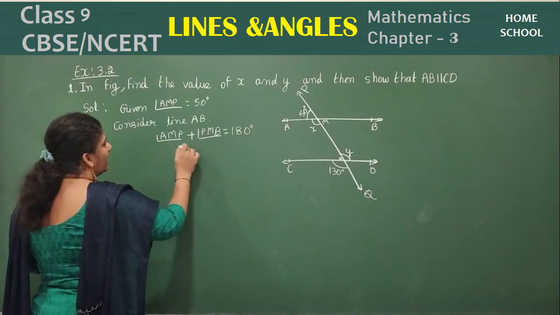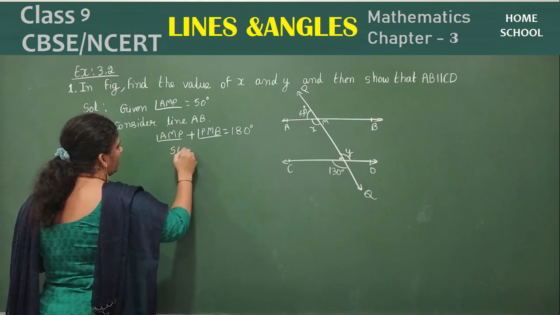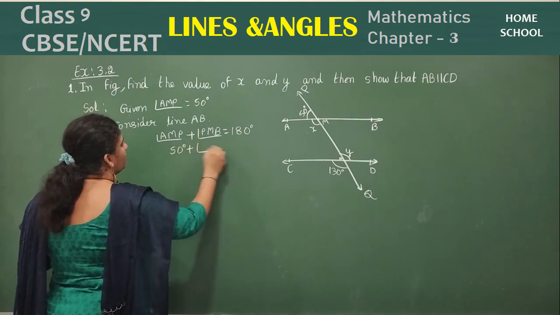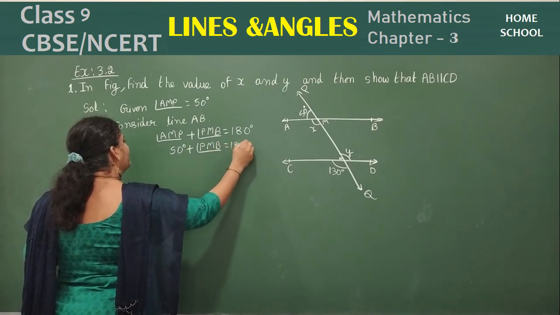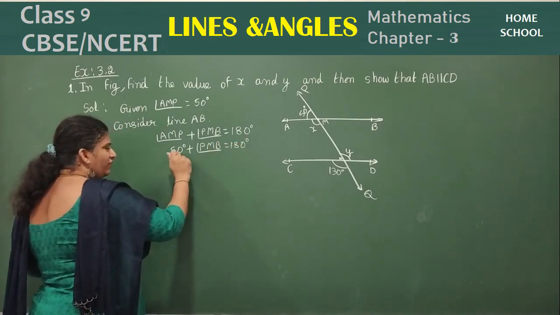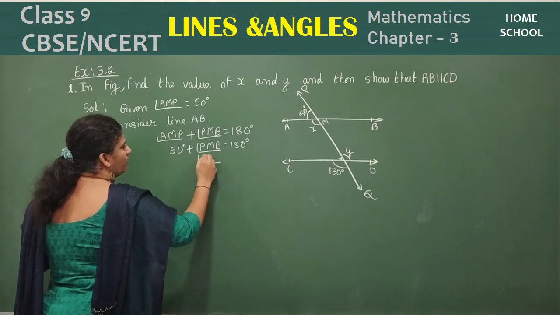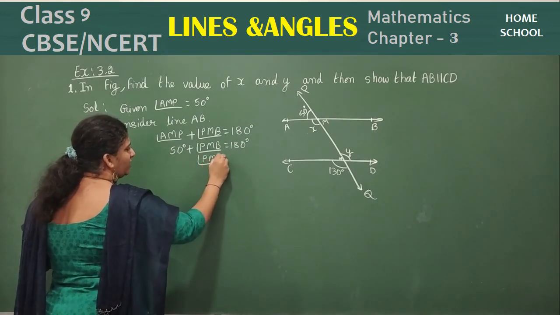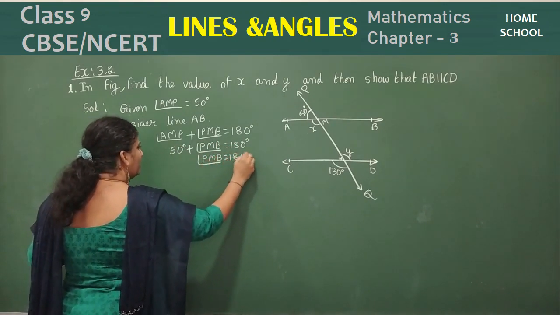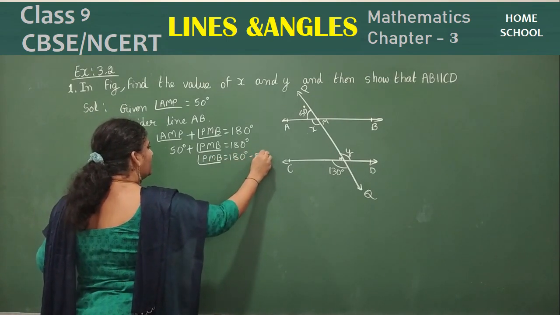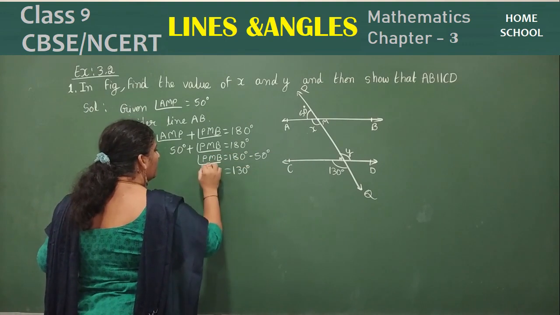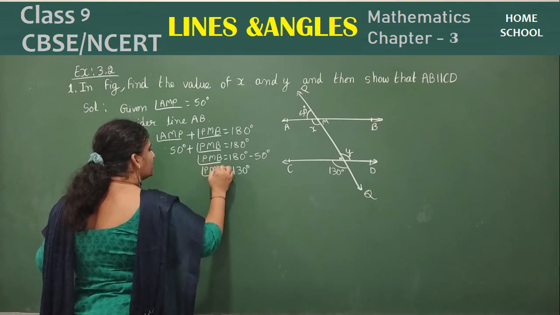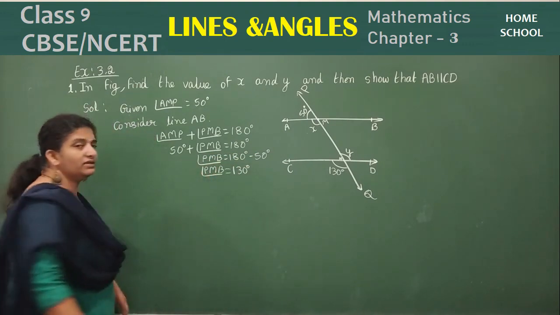I know angle AMP is 50 degrees, plus angle PMB is equal to 180. Sending this 50 degrees to the other side, it will be minus 50. 180 degrees minus 50 degrees will be 130 degrees. Angle PMB is equal to 130 degrees.